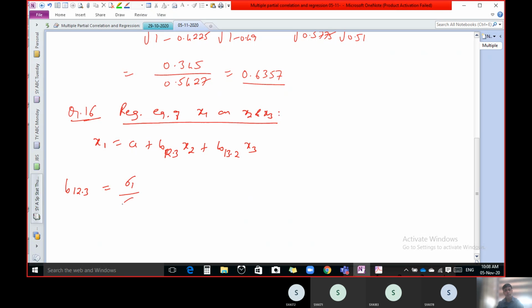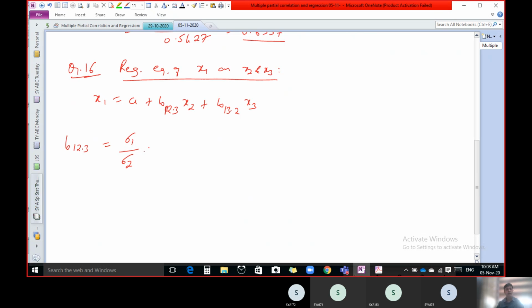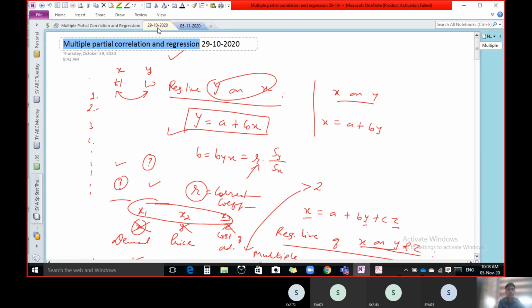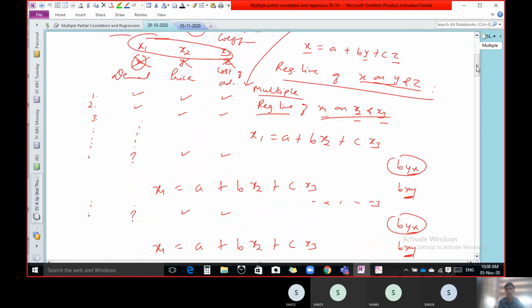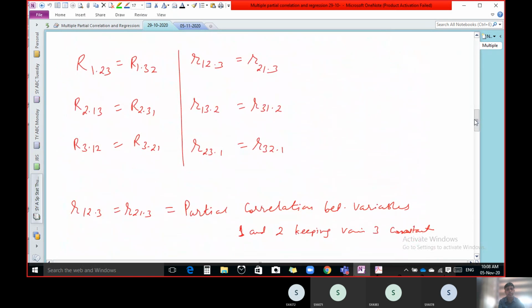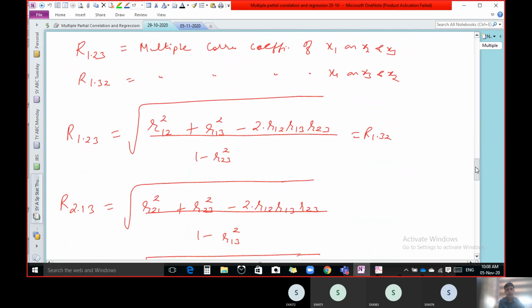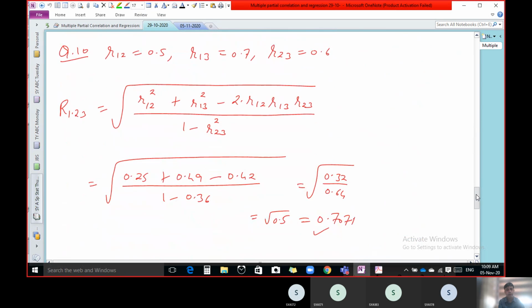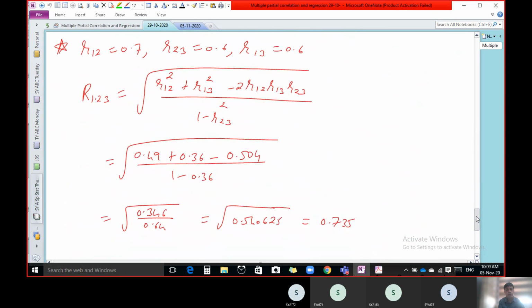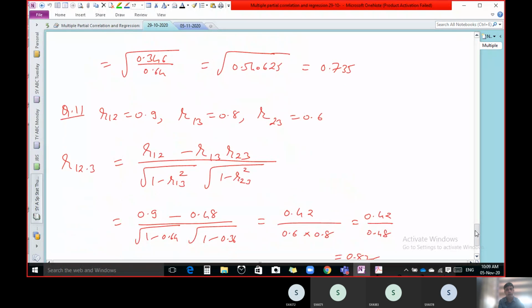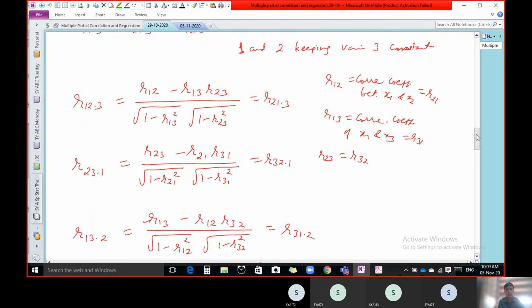There is a formula for b12.3. It is sigma 1 upon sigma 2 into, yes please, that we already discussed in our previous lecture. See the list of formulas.